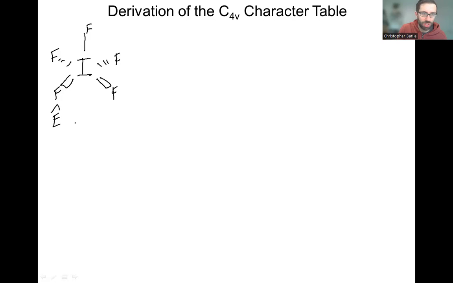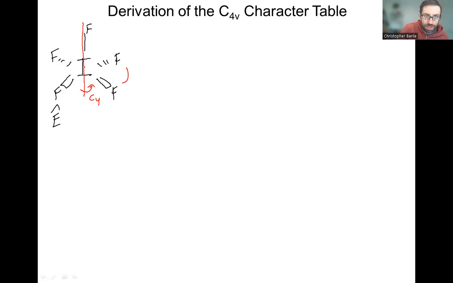Identity is just taking the molecule and turning it into itself. It's like multiplying everything by 1. Then we're going to have that principal rotation axis that helps define this as a C4v molecule. So we have a C4 here, and we can imagine what that C4 is doing.